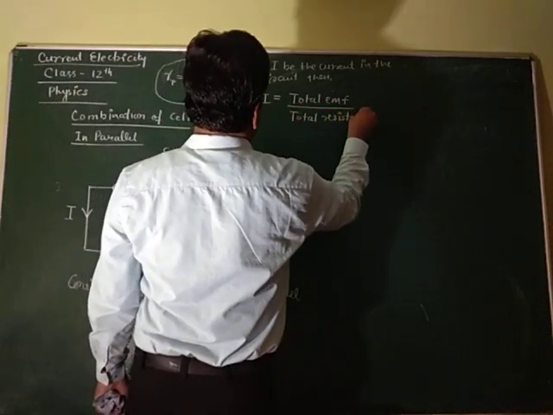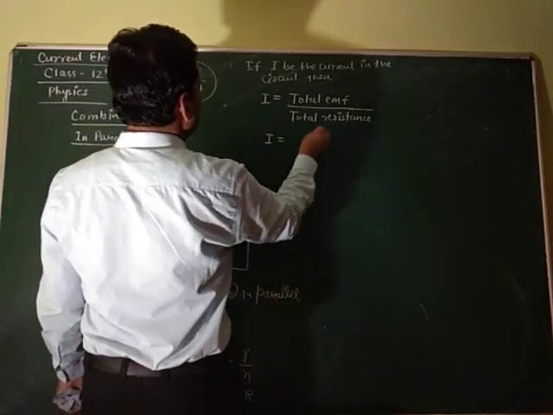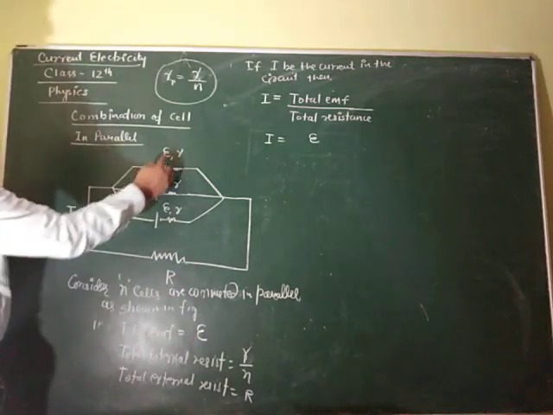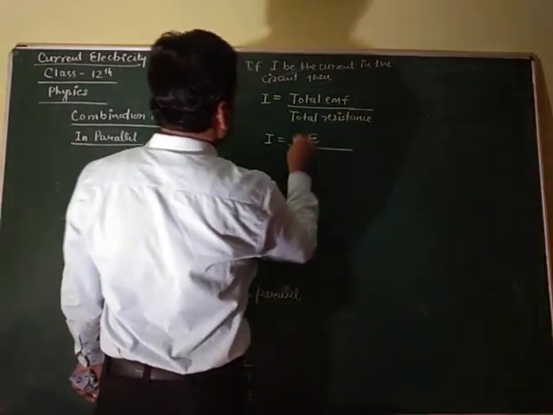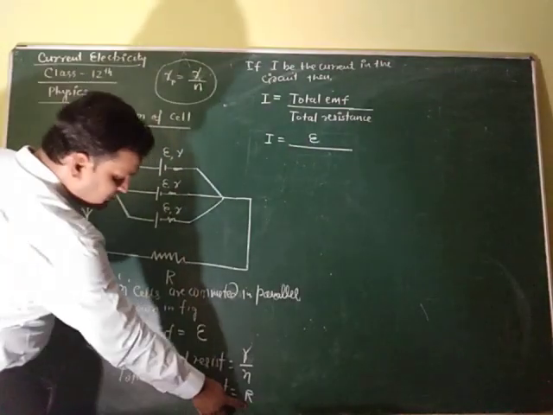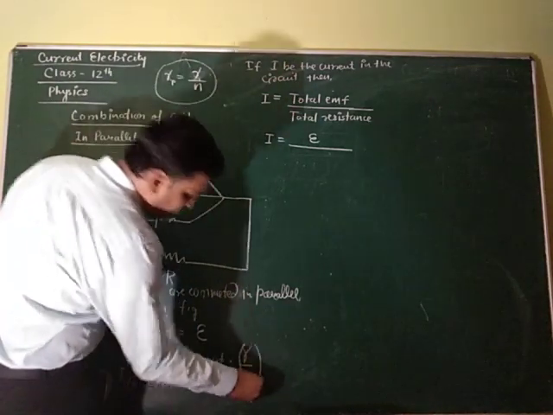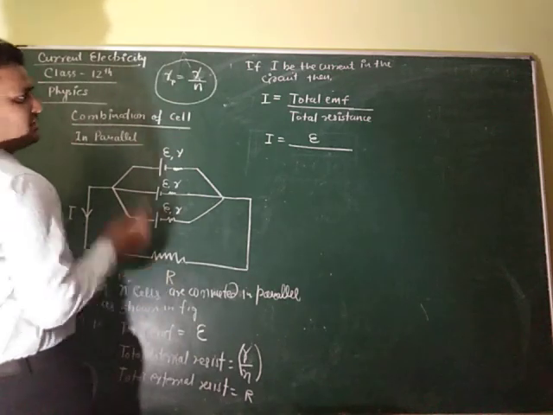We are using the same formula here again. So I is equal to, what is total EMF? You can see here total EMF is E because it is in parallel combination, keep in mind. And what is total resistance? So total resistance R plus r by N. This r by N is from here, and this is R only because of single resistance.